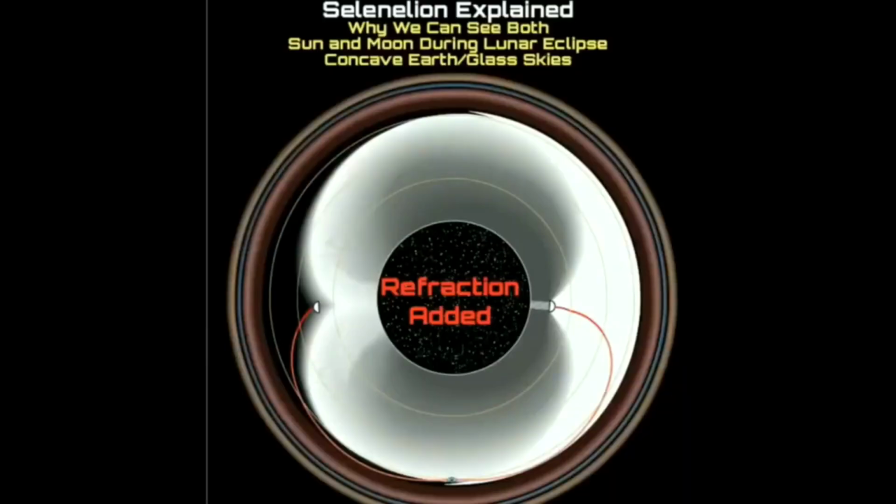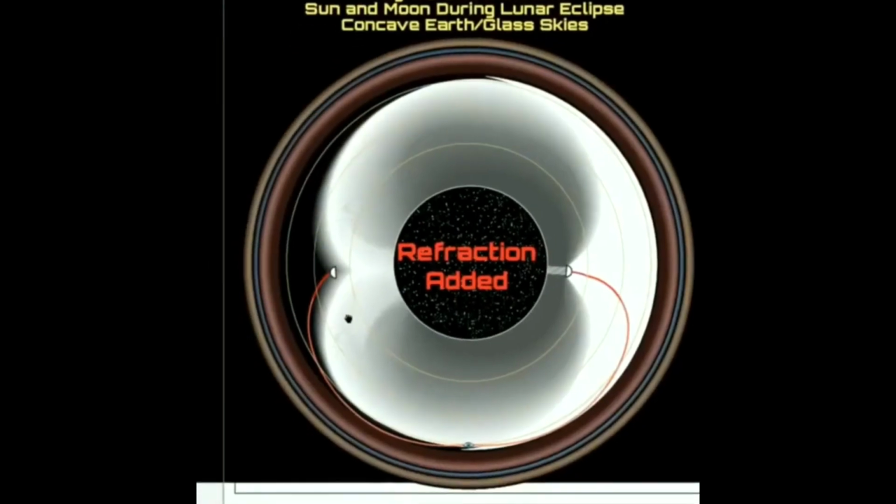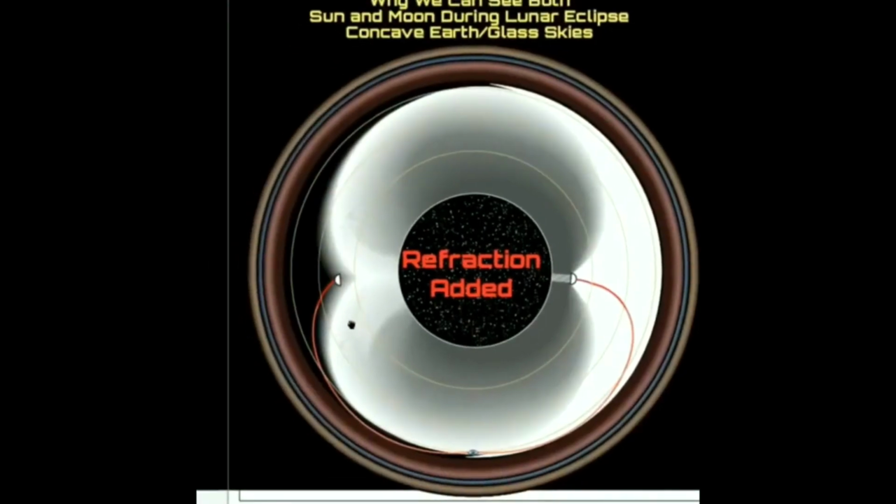It's not only lifting it, but it's squishing it as well. That is the accurate explanation why the sun gets lifted like that and squished, and the moon does as well. So the selenelion is finally accurately explained with the correct model of the universe, with the glass skies, with the concave Earth, with the bending light, and with the refraction involved. That's the only way you can get that significant amount of lift.